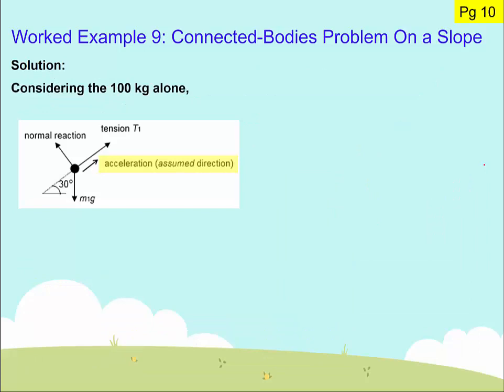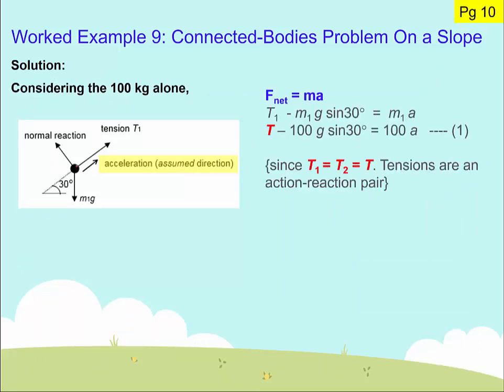Okay, let's consider the 100 kg mass. Remember step number 1, draw the free body diagram. So once you have drawn the free body diagram, decide where the acceleration is. Okay, so we have assumed upwards, and this is the direction of acceleration. T1 will be positive, m1g sine 30. How do I get m1g sine 30? I'm looking for the component of mg.